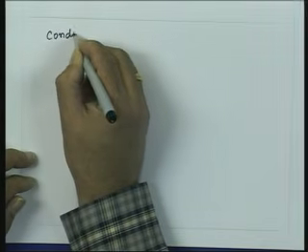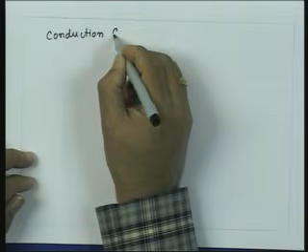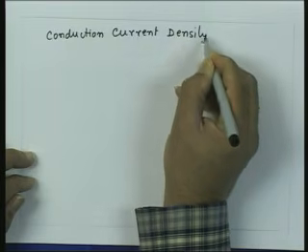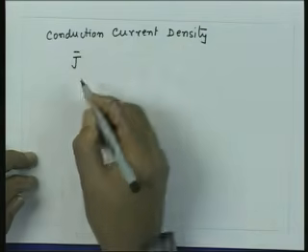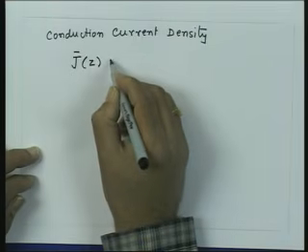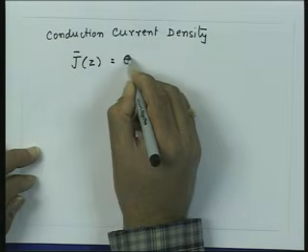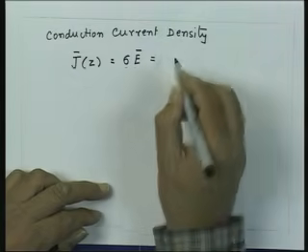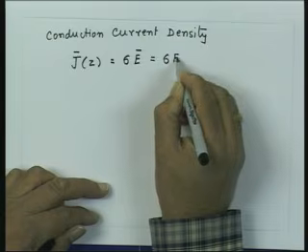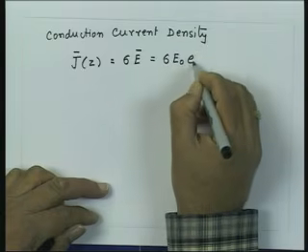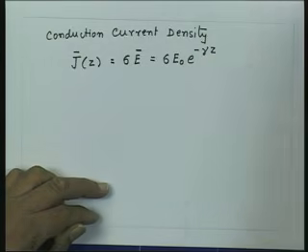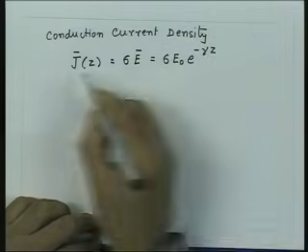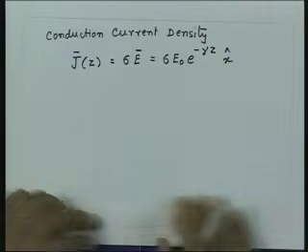So, we have conduction current density J, which will be a function of Z, and that will be equal to sigma times E at that location Z, which is nothing but equal to sigma E0 e to the power minus gamma Z. Since I am assuming that the electric field is oriented in x direction, I can take the direction of this conduction current density as the x direction.